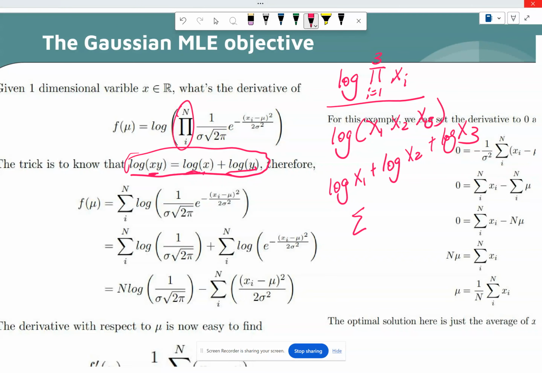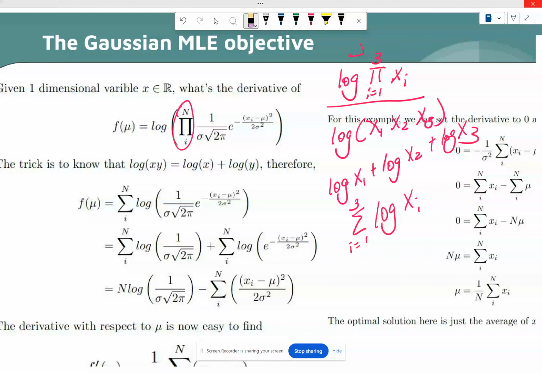Another way to write this is the summation of the log of xi. So this means that you can essentially move the log inside, which I did, and then convert the product into summation. So because of this property, we can do something like this. And this makes a lot of things easier. And I'll explain to you why.